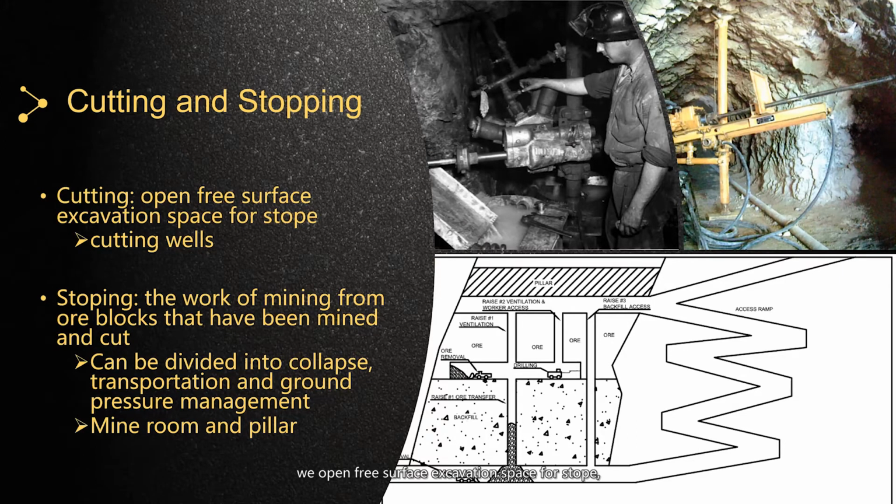We open free surface excavation space for stoping, for example, cutting wells. Stoping is then the work of mining from all blocks that have been mined and cut. It can be divided into stoping, transportation, and ground pressure measurement.